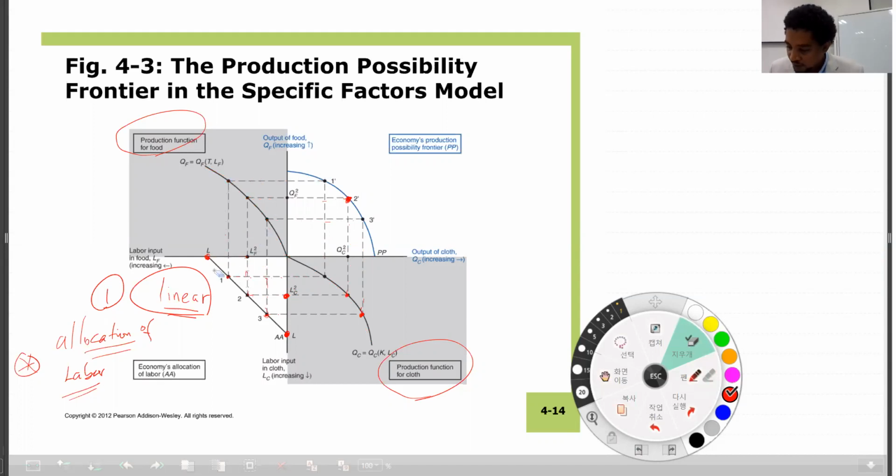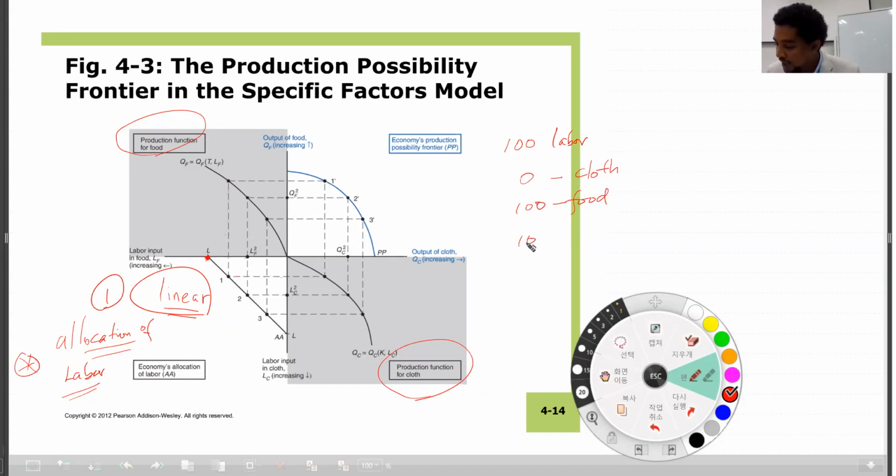Okay, so you start from this allocation of labor, this linear relationship between food and clothes. As we have said, when you produce 0 clothes, you produce this much amount of food, or when you use all the labor to produce food. As I've said, if you have, for example, 100 labor, when you use 0 labor for clothes, then you use 100 labor for food, right?